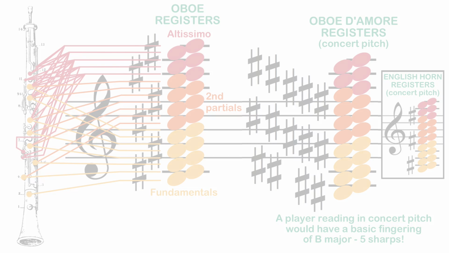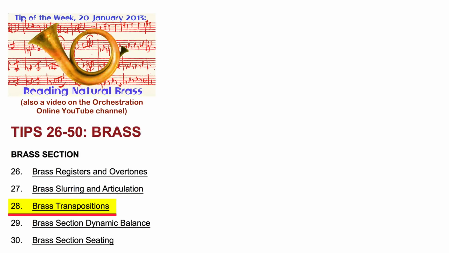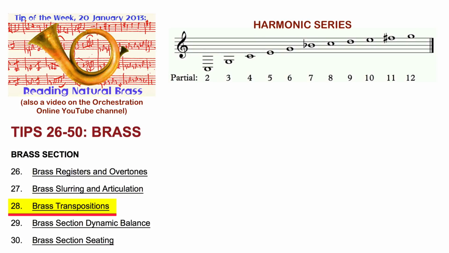For another example, let's look at the French horn. As I cover in Tip 28 of 100 Orchestration Tips, the original natural horn could only play a limited range of notes over the harmonic series. To change keys, the Baroque and classical hornist used crooks to change the length of tubing.